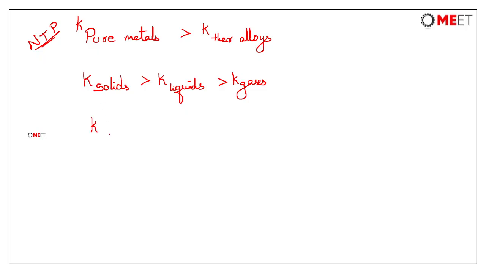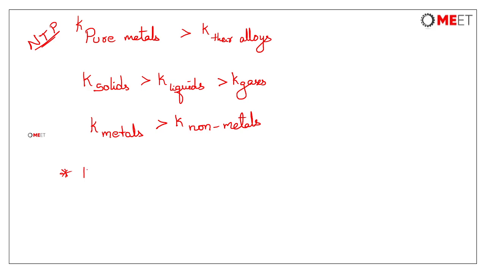Again, solids we can write as metals and non-metals. Thermal conductivity of metals is more than that of non-metals. And again, metals can be classified as non-ferrous metals and ferrous materials. Remember one thing, whichever are good conductors of electricity are good conductors of heat.